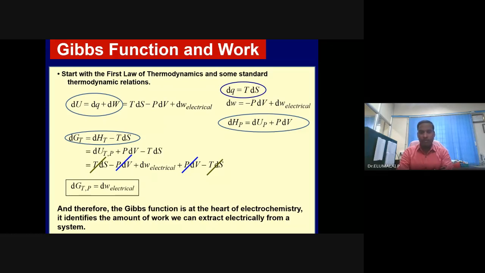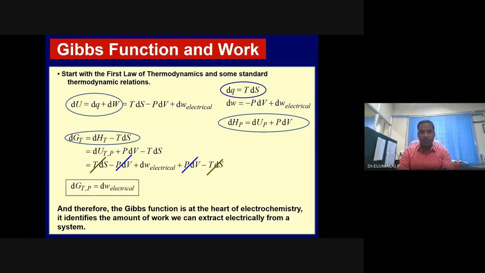That is the 0th law. What is the first law? Energy can neither be generated nor destroyed. It is impossible to create energy or to destroy energy. What is the second law? It is impossible to convert one form of energy into another form 100%.